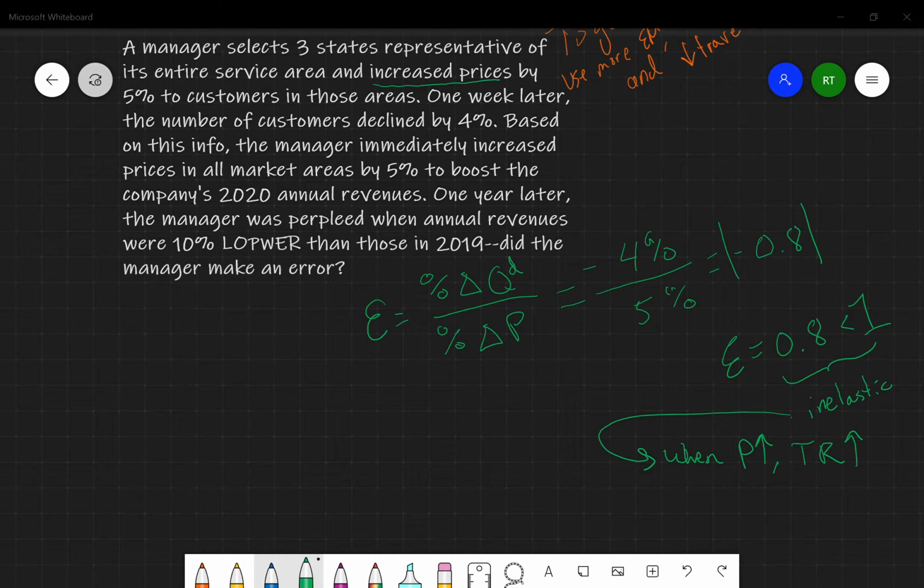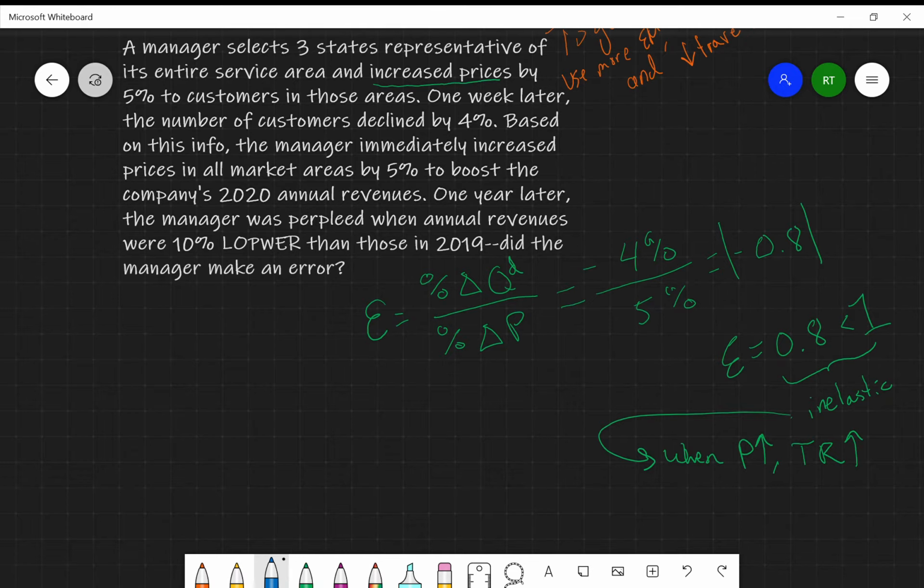And so that's what the manager uses, the fact that the elasticity is inelastic, right? So with inelastic range, we're going to increase the price, and that's going to lead to an increase in the total revenue.